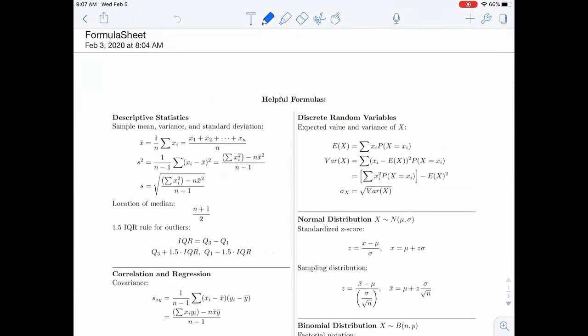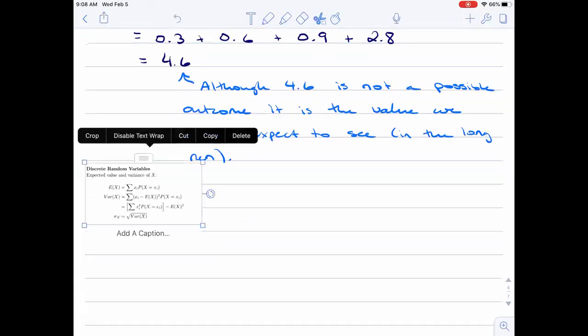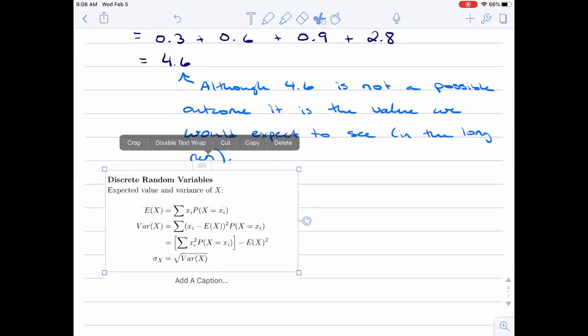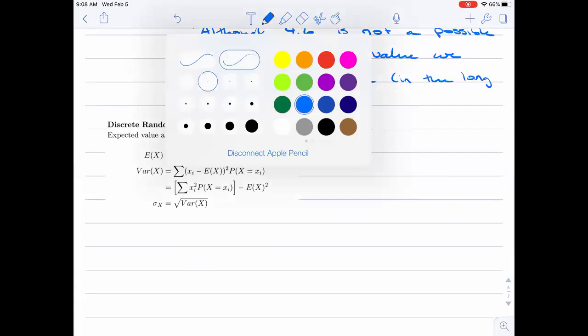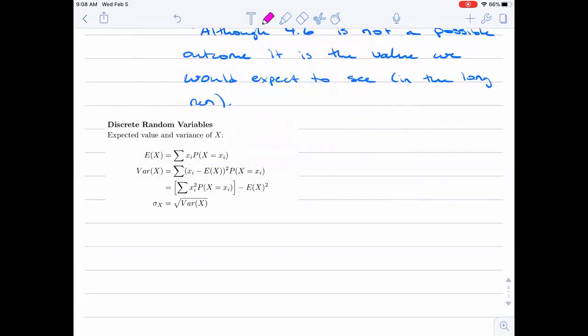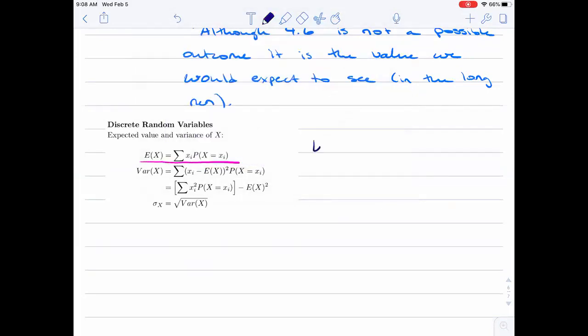What this looks like on your formula sheet, on the top right-hand side, is the expected value of x.